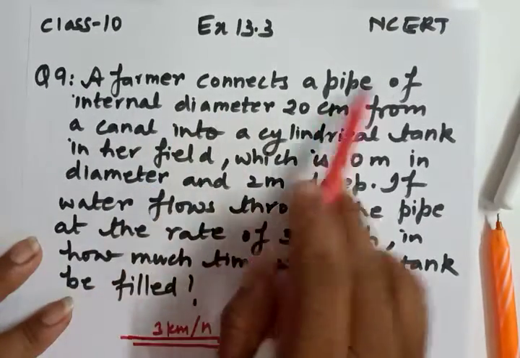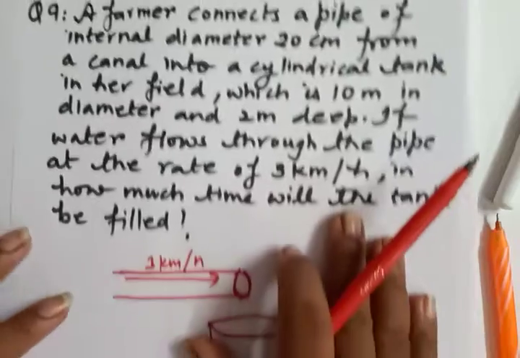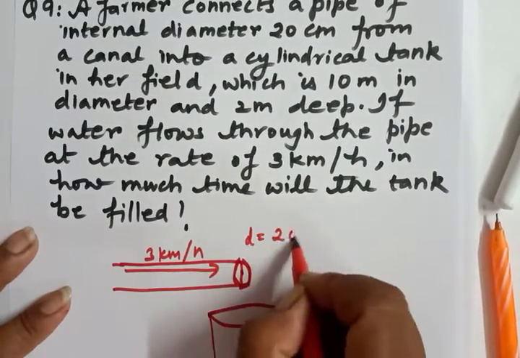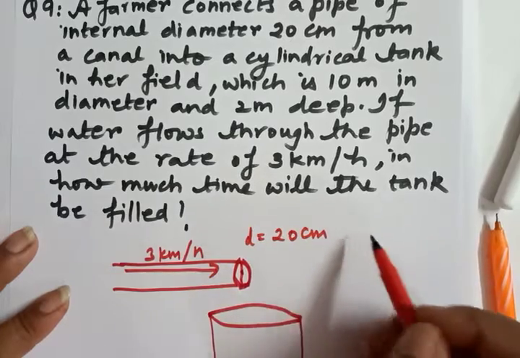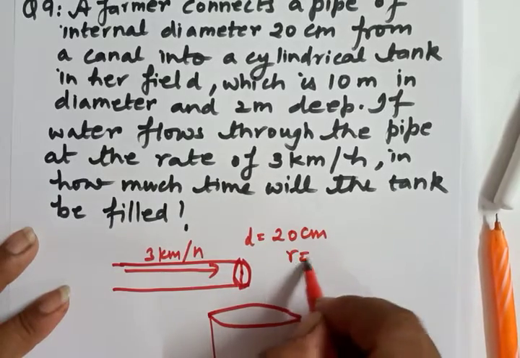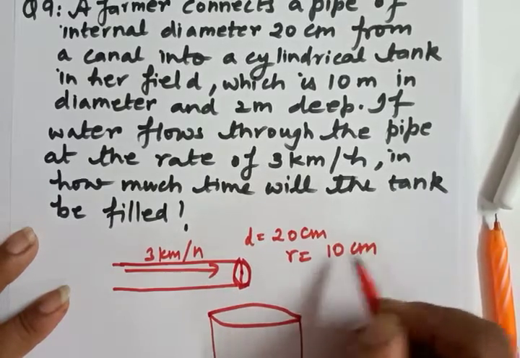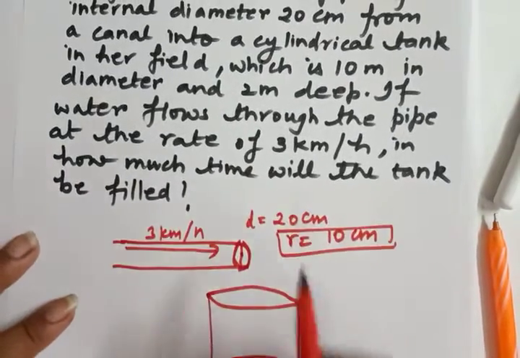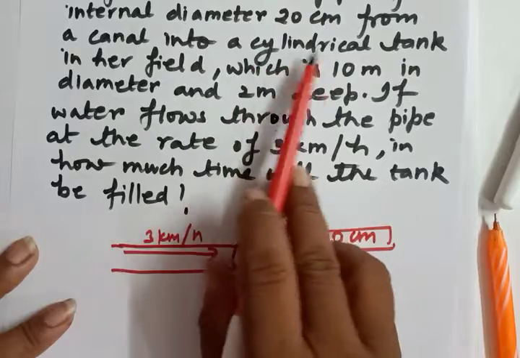A pipe of internal diameter 20 centimeter, so the diameter D is equal to 20 centimeter, so R will be equal to 10 centimeter. Now come to the dimension of the cylindrical tank.